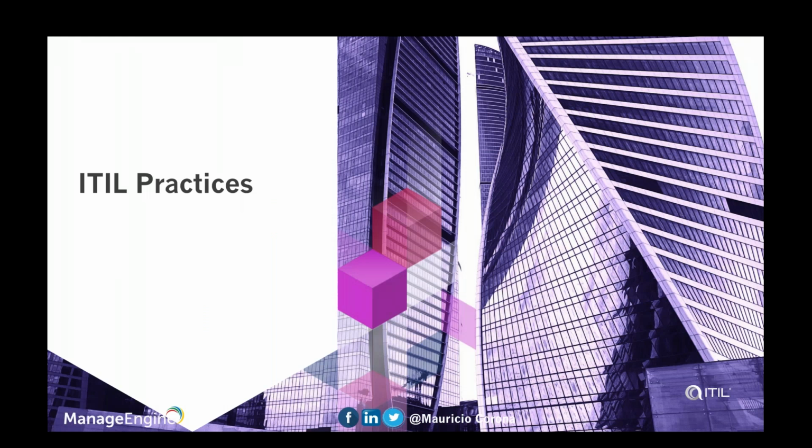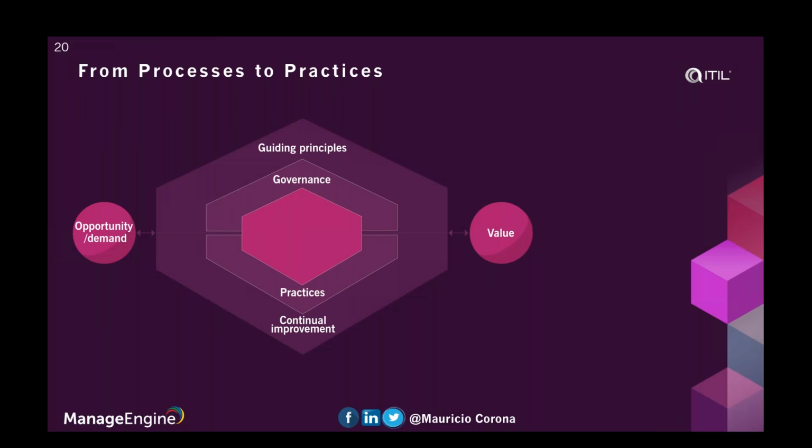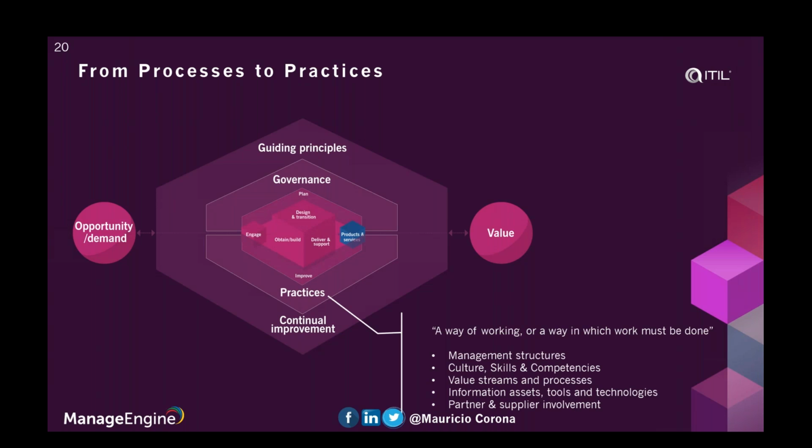Now, one of the main things that changed, the next question after the service life cycle is, okay, where are the processes? And the processes right now are practices. Okay, so this was the third Zoom that I previously mentioned, and these are the practices. And why is it so important to consider a practice?